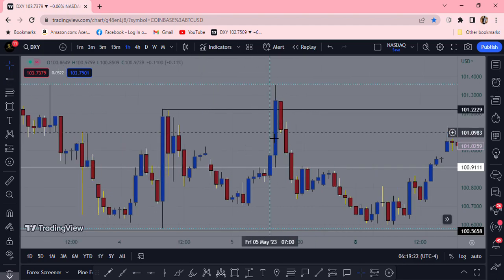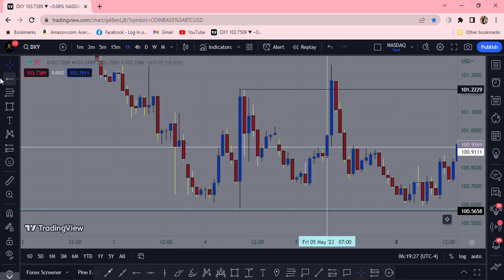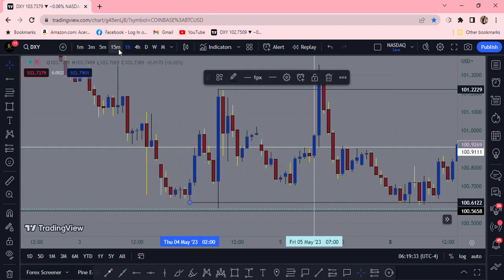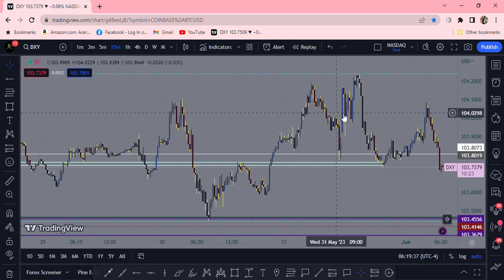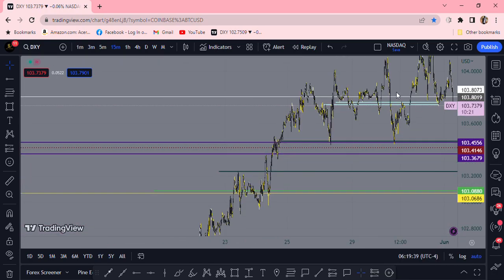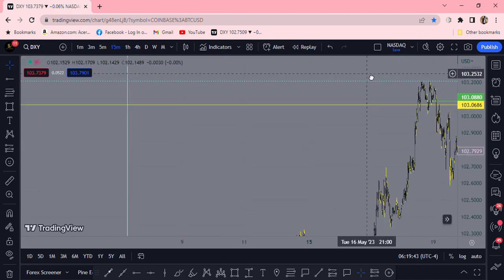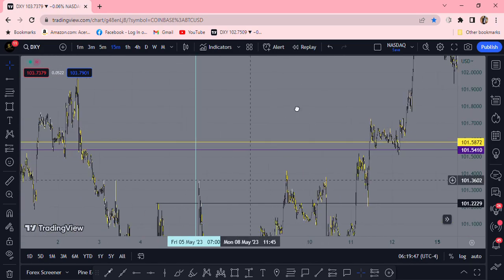This is Friday and I'm on the hour chart. You just mark the zones where there is liquidity, guys. Then we go on the 50-minute. Remember, I'm just using the DXY, guys. Let's go back here. Here we are.